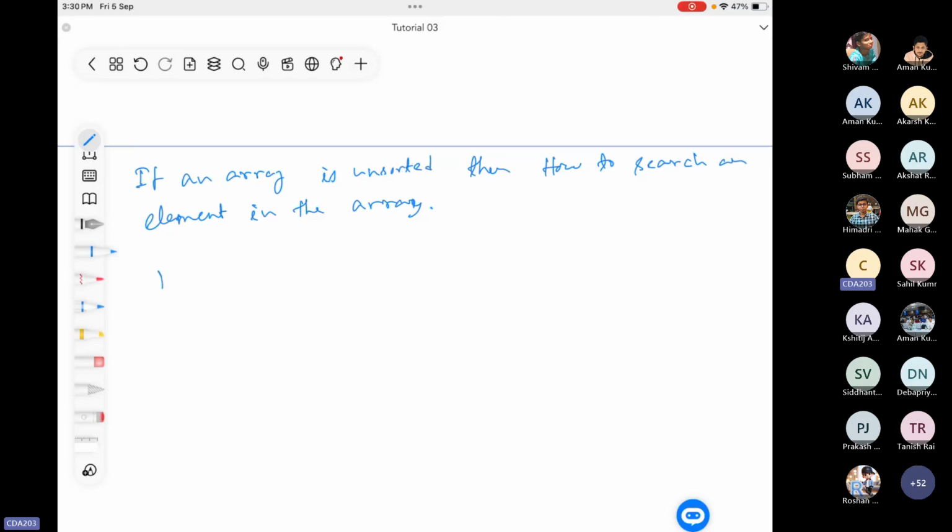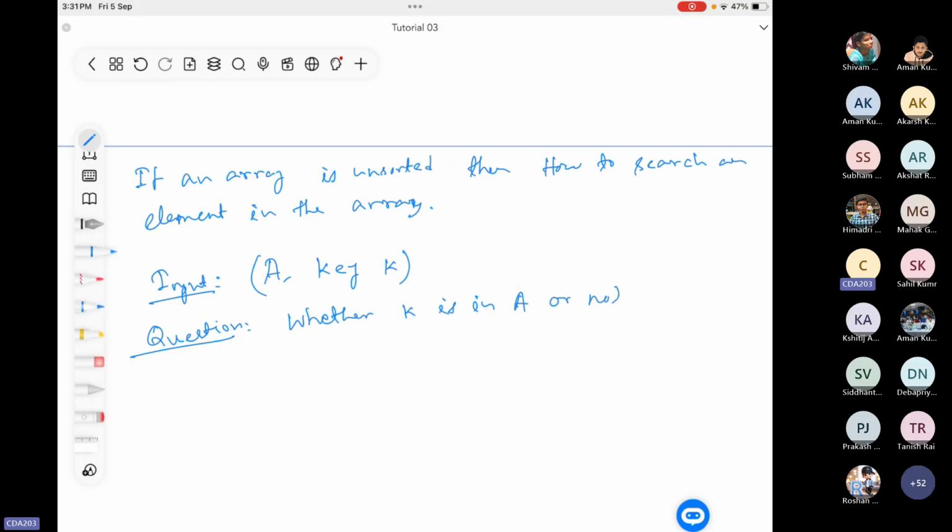So now the problem is that you have an array, it is unsorted, or you don't know whether it is sorted or unsorted, and a key. So the question is whether the key is in A or not.